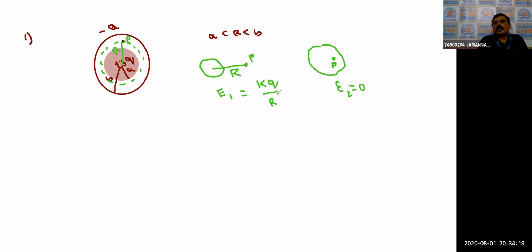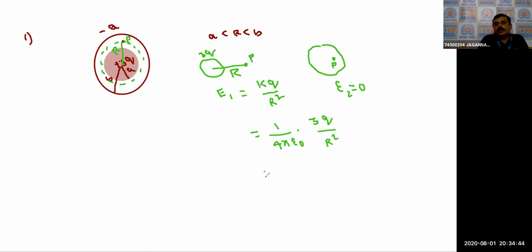K means 1 by 4 pi epsilon naught, into the q value. How much is the charge given? 3q. This solid sphere has 3q charge, so this is 3q divided by r square.